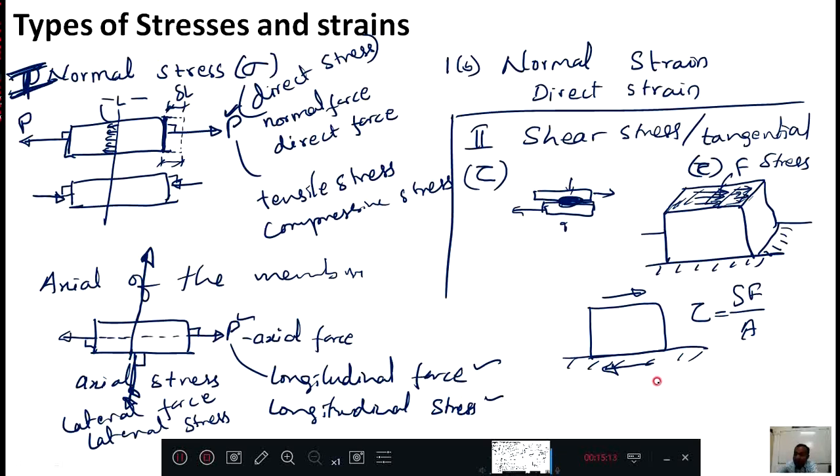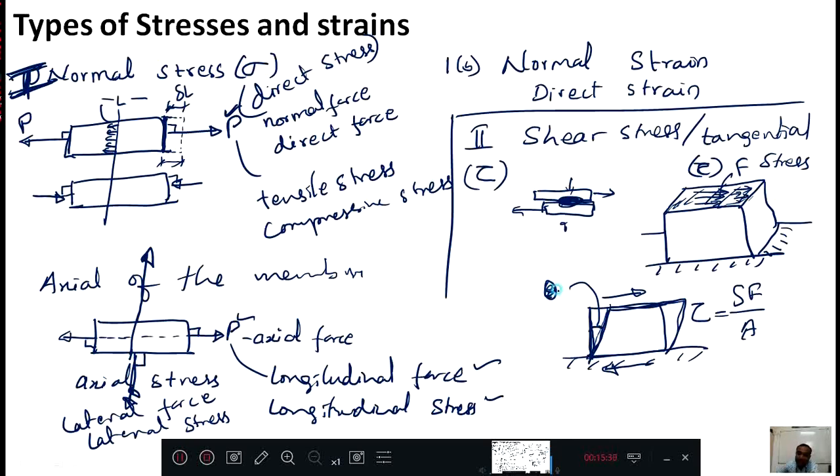Then, after reaching equilibrium, it may deform. That deformation goes like this. Here you can observe that originally the line was vertical and later it became inclined, meaning some angle is there. This angle is called the change in angle.